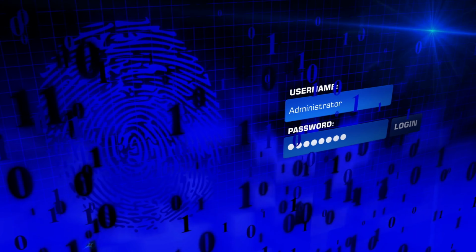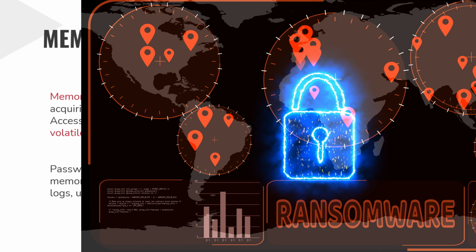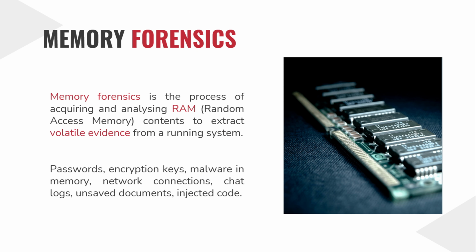For example, fileless malware that never touches the hard drive, credential harvesting tools like Mimikatz that run in memory and are deleted immediately after use, and ransomware loaders that decrypt the main payload into memory and execute it directly. If you look at the disk, you will miss these things entirely. That is why memory forensics has become a standard part of the incident response process.